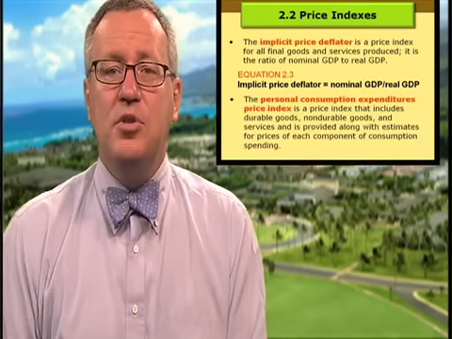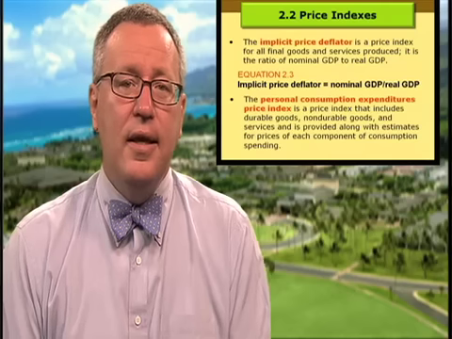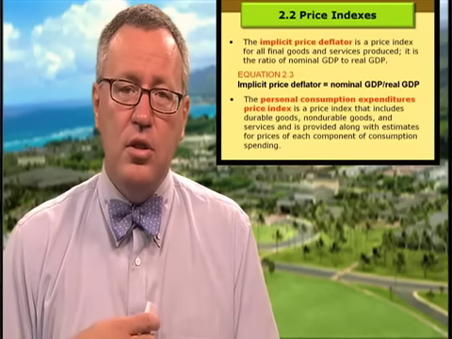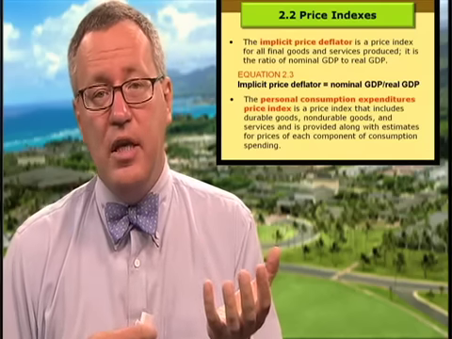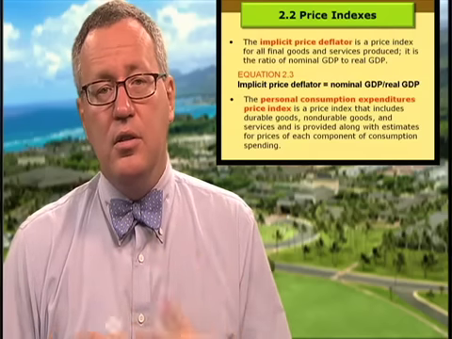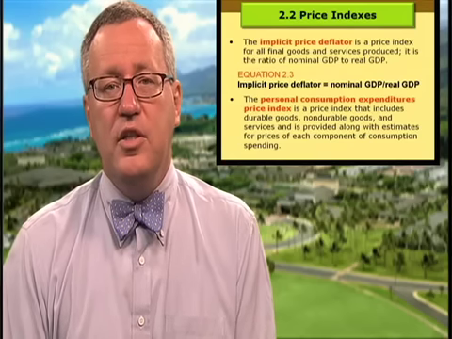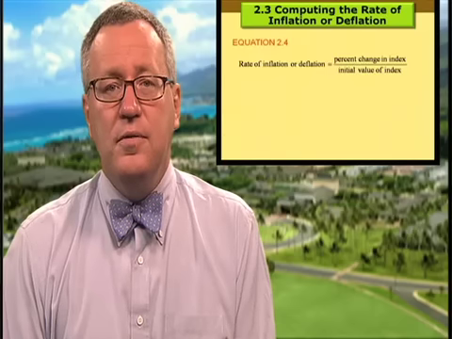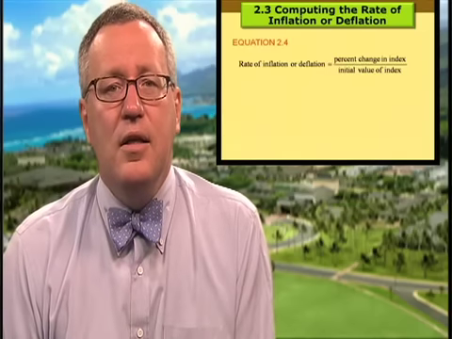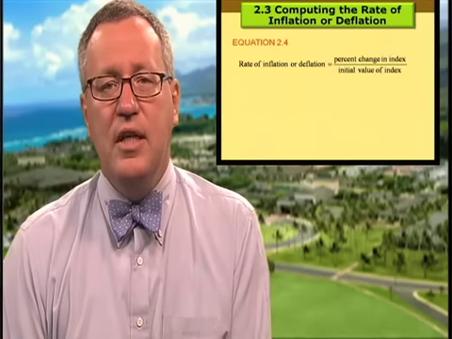The personal consumption expenditures price index is a price index that includes durable goods, which are things that last more than a year, non-durable goods, and services, and is providing along with estimates for prices of each component of consumption and spending.